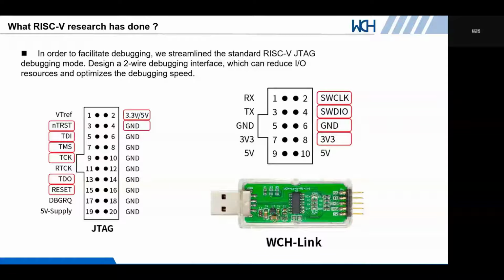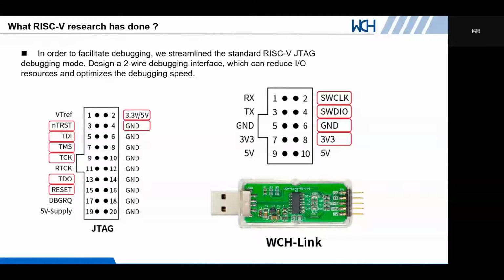In terms of debugging, hardware resources are relatively tight in the embedded field. However, the existing RISC-V products only have JTAG debugging interfaces, which take up more hardware resources and are not very convenient to use.